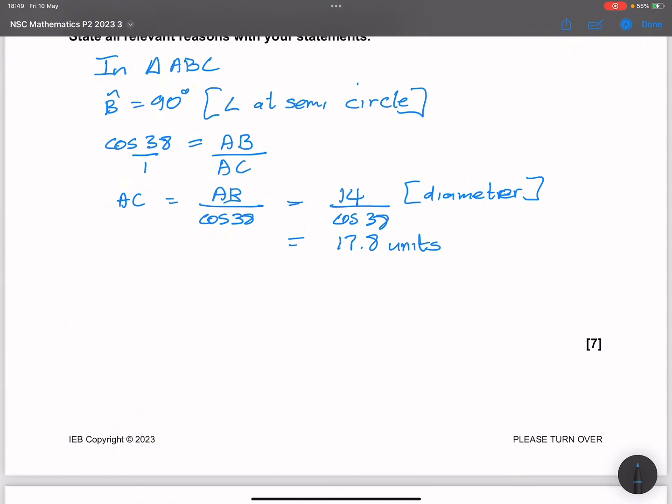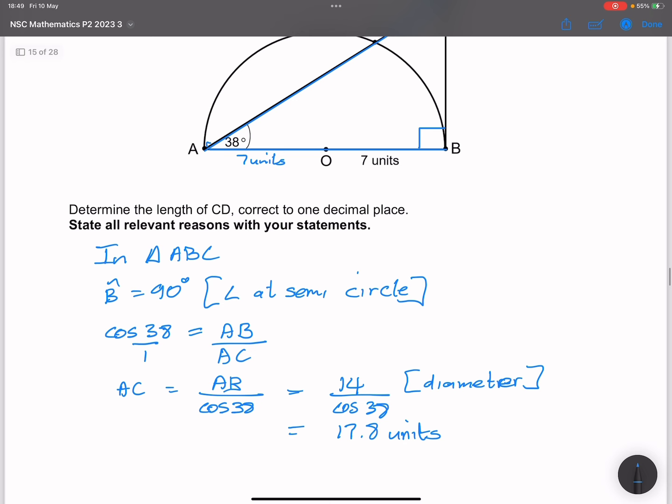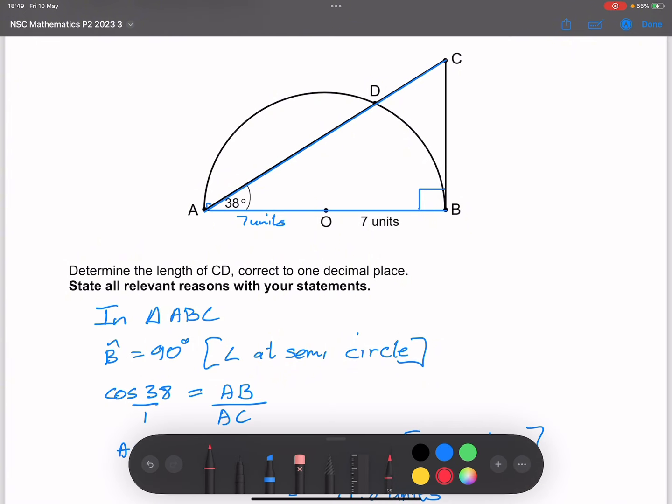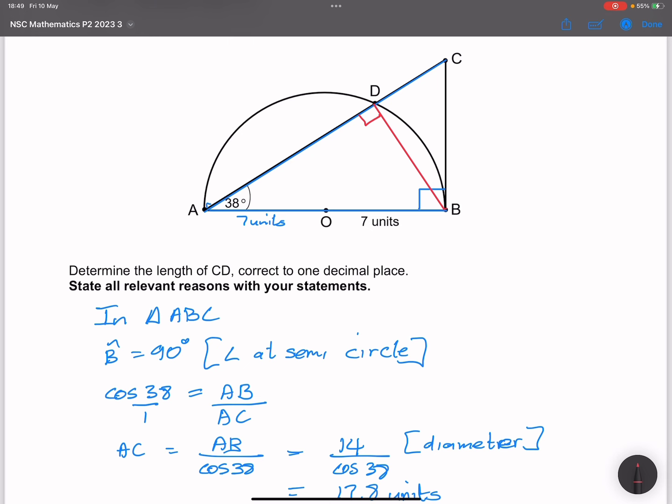Now, I want you to note, ladies and gents, we are looking for the length of CD. So what I'm going to do next is make a construction there of line DB, right? Now, if I make a construction of line DB, note this is also going to make a 90-degree angle, right? That's angle at semicircle. Actually, I said semicircle there, but it's actually not angle at semicircle.